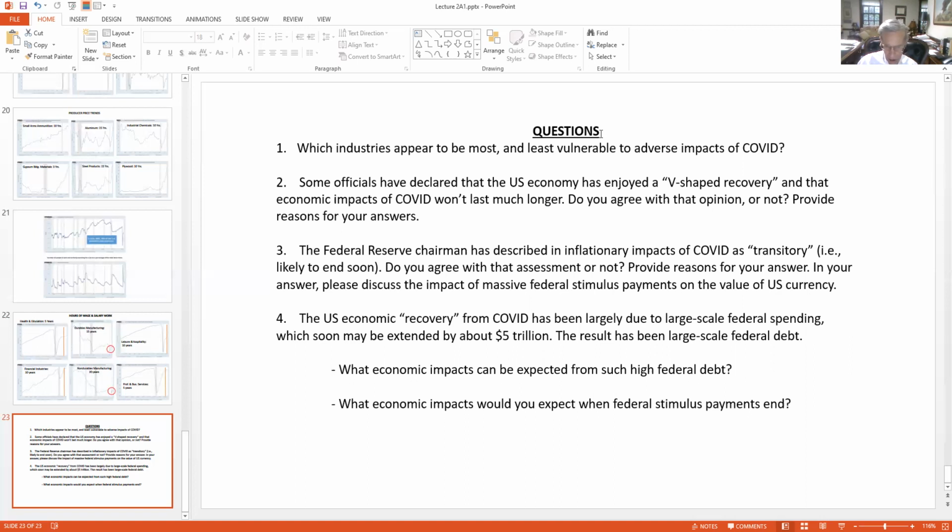And finally, what economic impacts would you expect when these federal stimulus payments end? We've seen these spikes occur in the graphs as stimulus payments occurred and incomes went up and spending went up. But what happens when stimulus payments are discontinued?